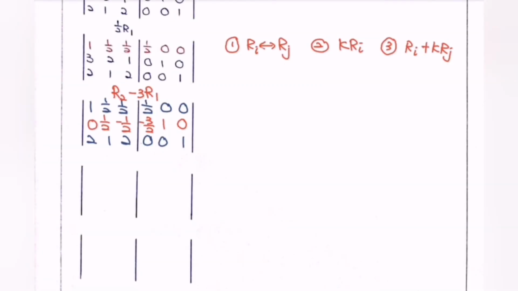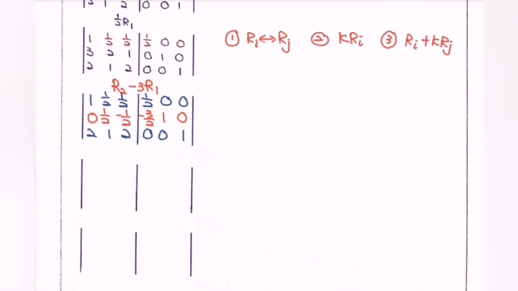Next, what we have to do is to focus on the E21. What we have to do is to make sure the 2 becomes 0. So here, the element E21, which is 2, is in row 3. Then, plus K, for this column, we must refer to the row 1. And it must be equal to 0.